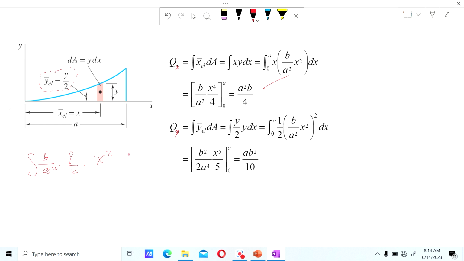Okay, but x squared, and then y, it will be dx. So this is equal to b, a, then x.